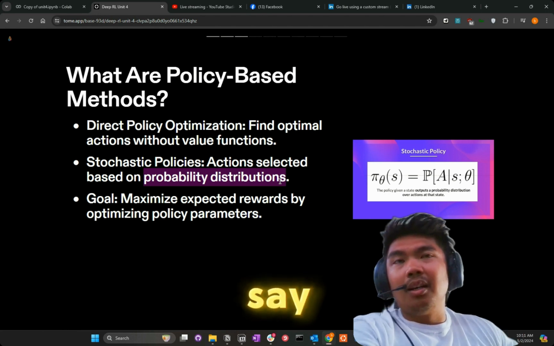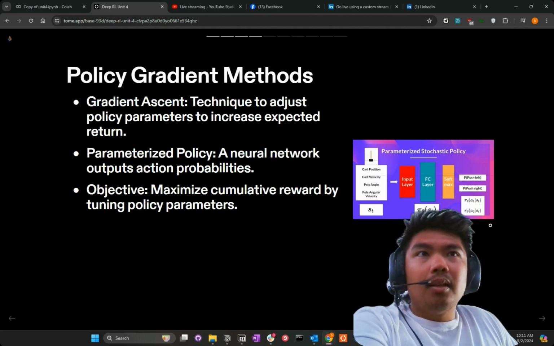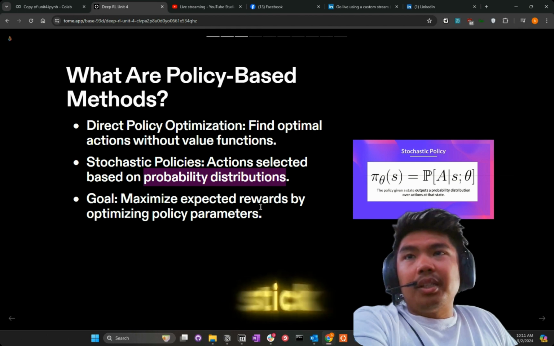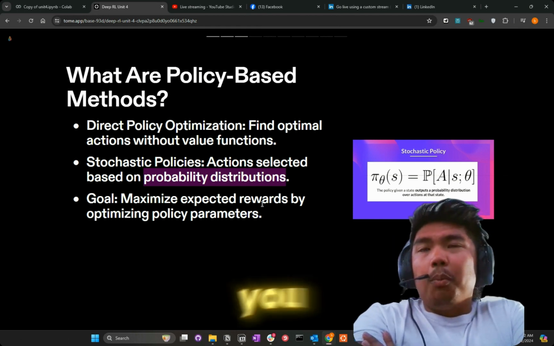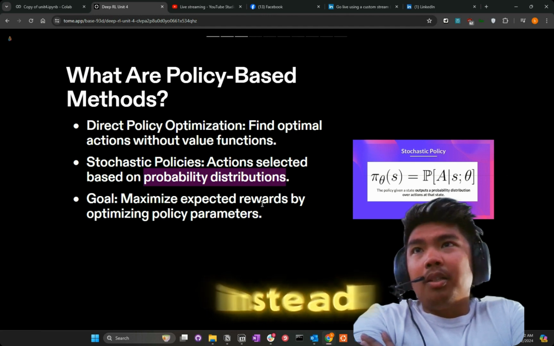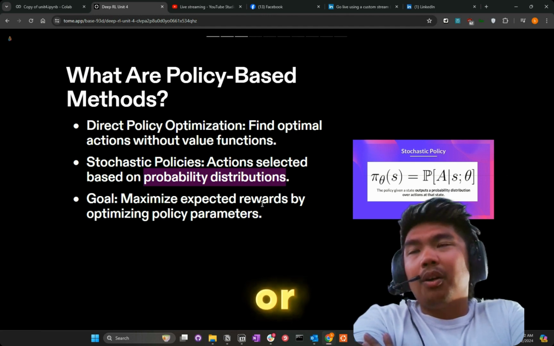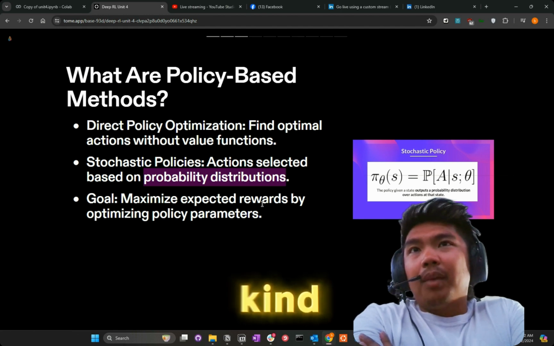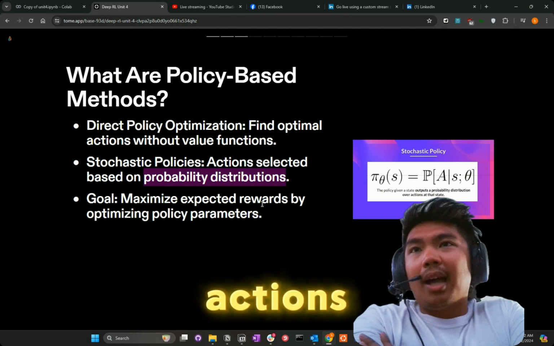Instead of being told you must take this action, we are given options and we have different rewards associated with those actions.